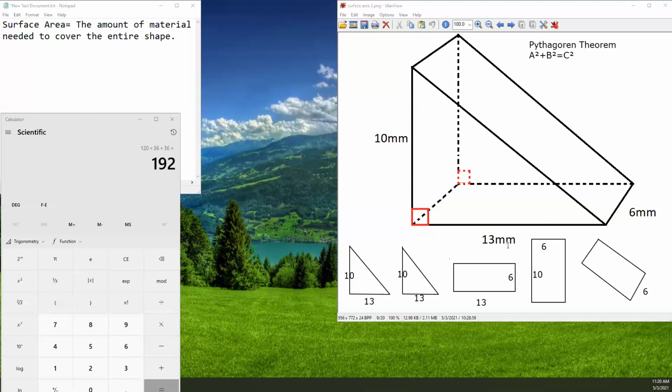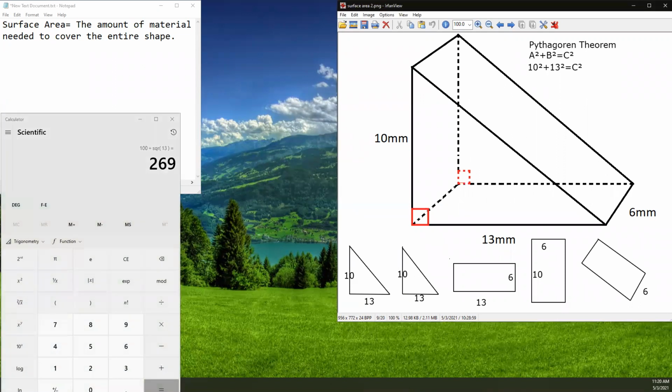We just got to plug in 10 and 13 into our formula. 10 squared plus 13 squared will equal c squared. So we can pump that into our calculator, right? 10 times 10 is 100, plus 13 squared equals 269.